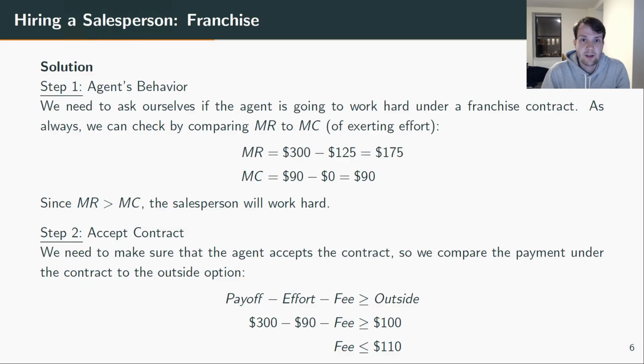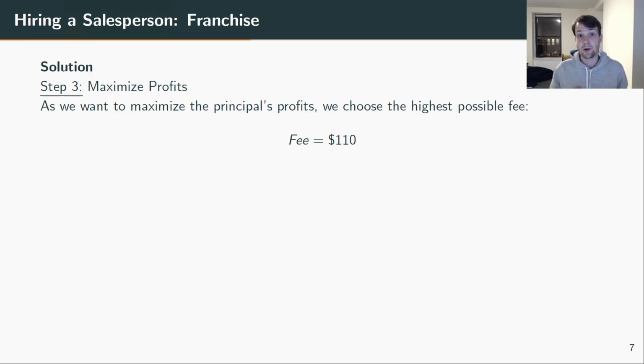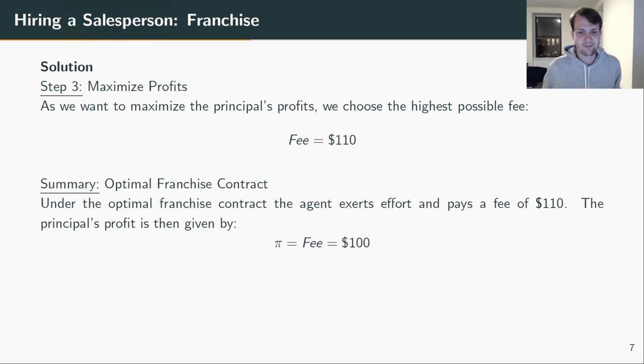We know that the payoff of the day is going to be 300 because we know they're going to work hard, so there's no uncertainty in that. Since they're going to work hard, the effort cost is 90. If we rearrange, we get that the fee must be less than or equal to $110. Since we want to maximize profits from the principal's point of view, we're going to charge the highest fee possible, which is 110.